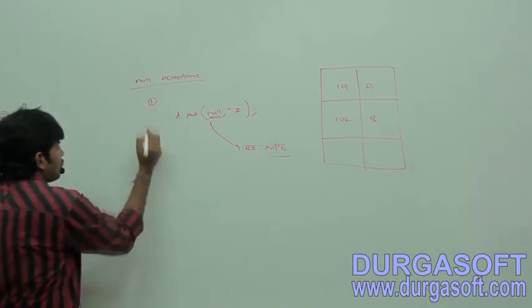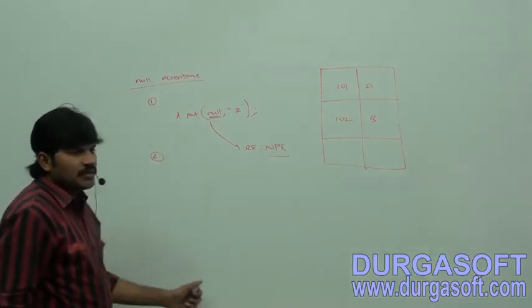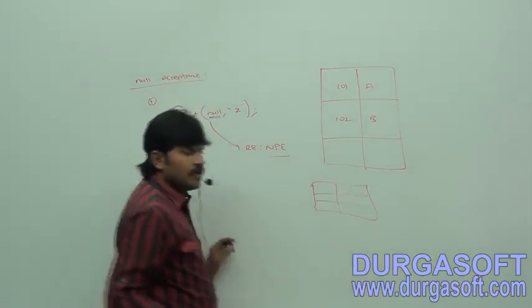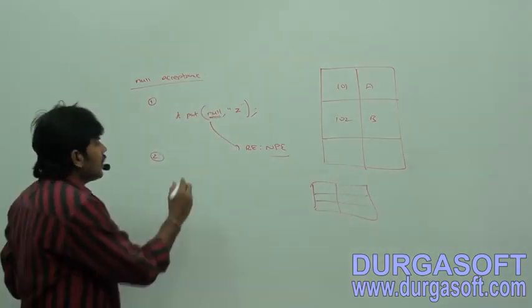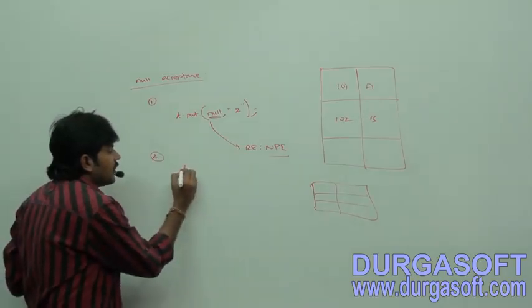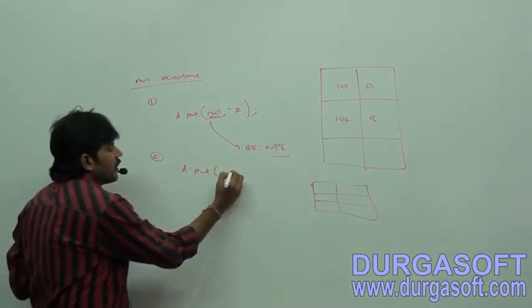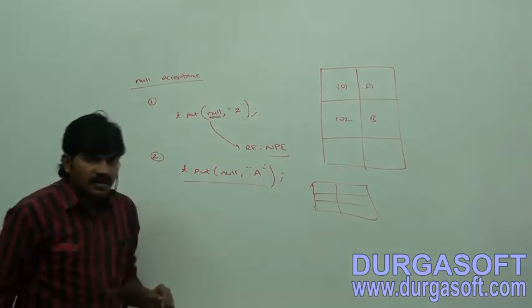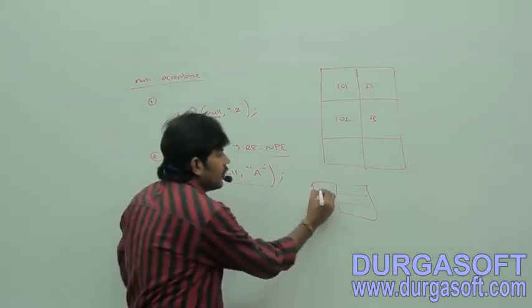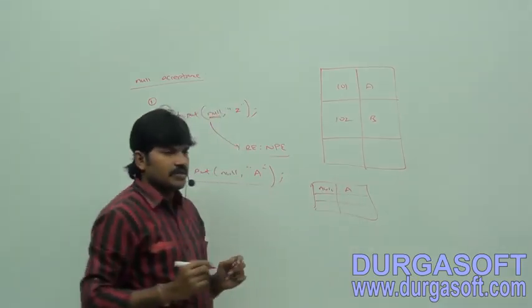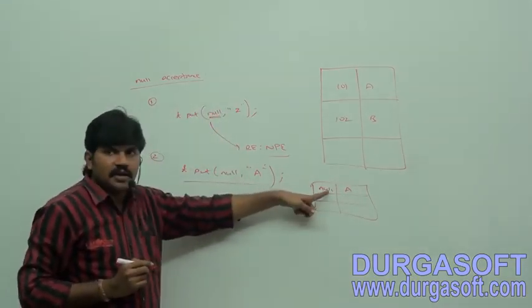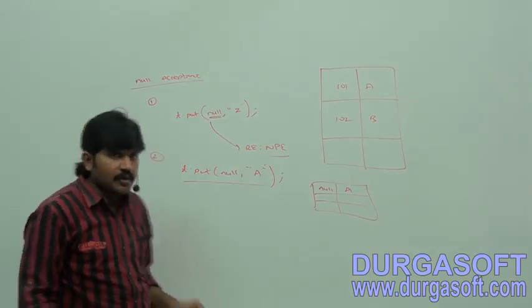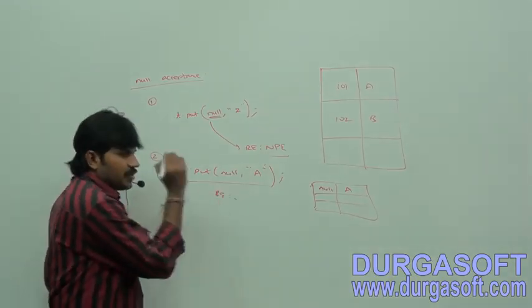Condition 1 is clear. Now the second: my TreeMap is empty, and as the first entry I am trying to insert an entry with a null key, t.put(null, A). Is it valid or not? Yes, for an empty TreeMap, null A is valid. But after inserting this entry, if we are trying to insert any other entry, immediately we will get a NullPointerException by default.